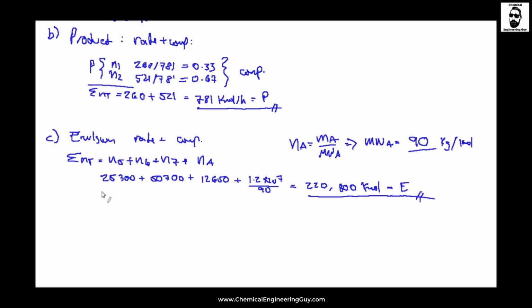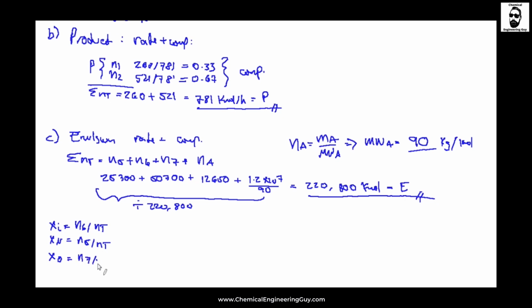But I want also composition, so it's essentially all this divided by 220,800. So compositions: x of I is N6 divided by NT, x of N is N5 divided by NT, x of O equals N7 divided by NT, and the fraction of acid is essentially 1 minus x of I, x of N, x of O. So let me calculate these.